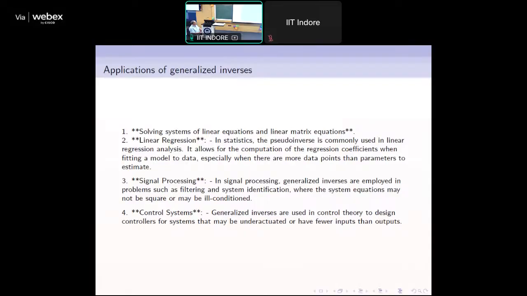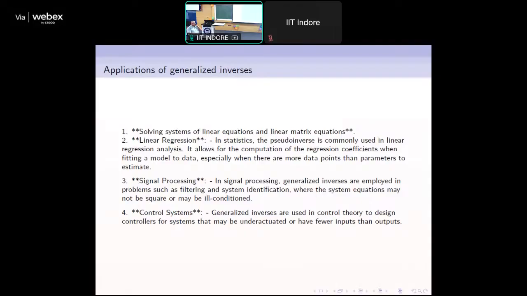The first and most important application, I will say again, is solving systems of linear equations and matrix equations. If we consider the original AX equal B, then the Moore-Penrose inverse is there.